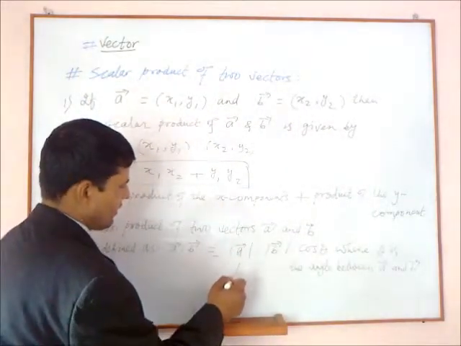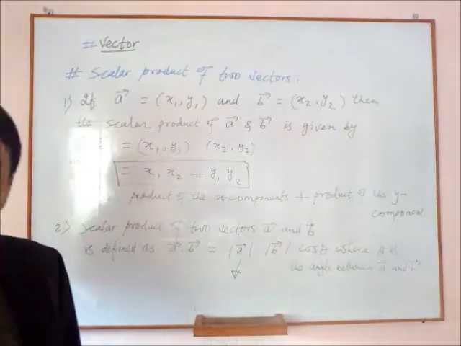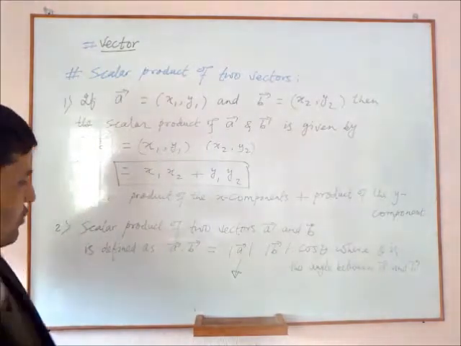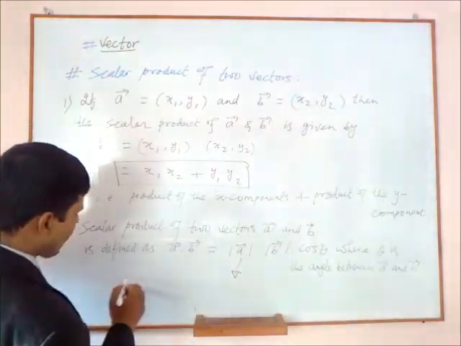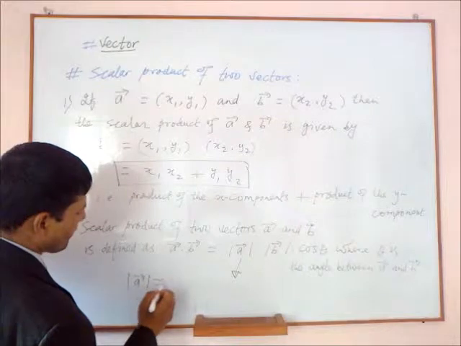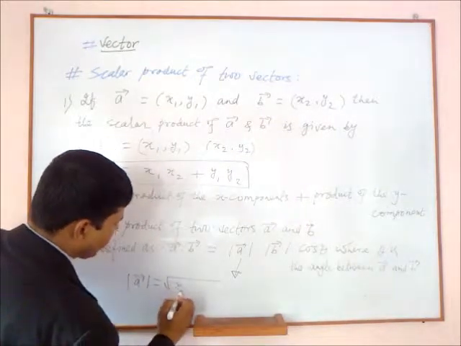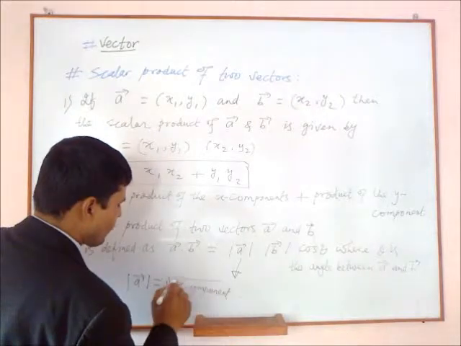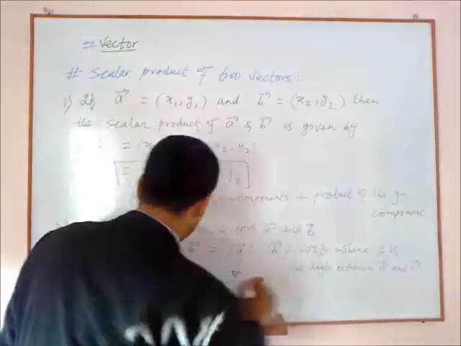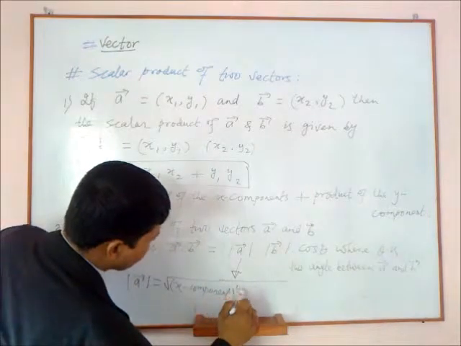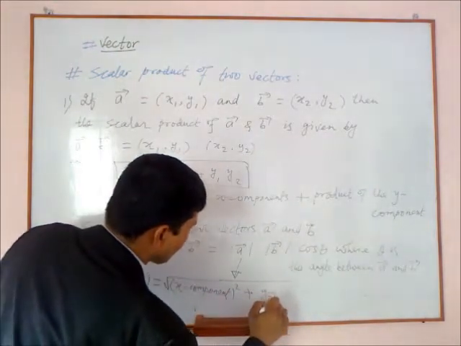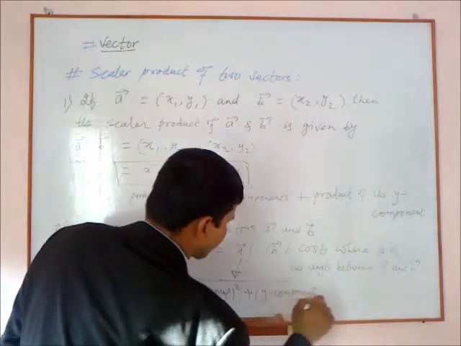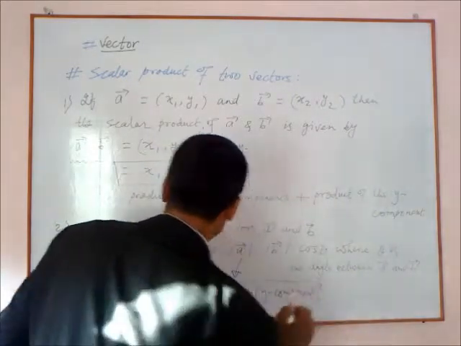And we are already familiar with modulus of A. Modulus of A means magnitude of A. So magnitude of A means the x component of that vector, x component square plus y component square, then we take the square root.